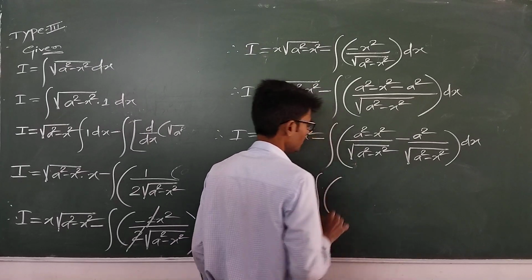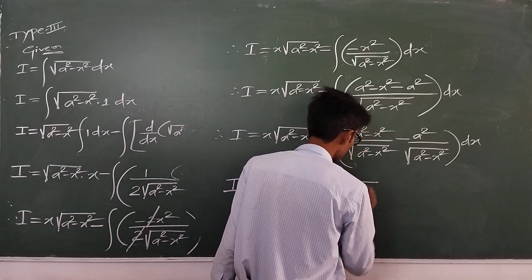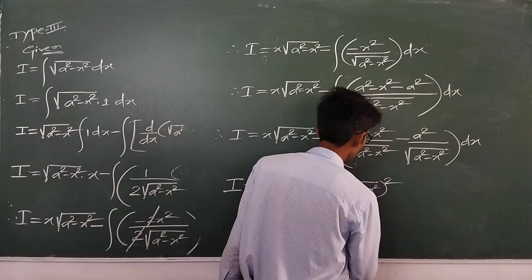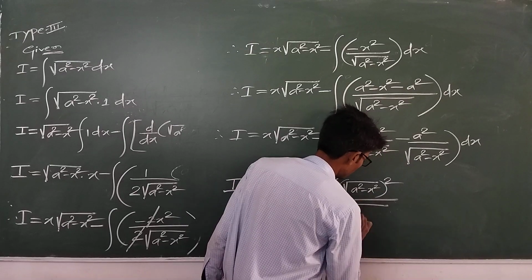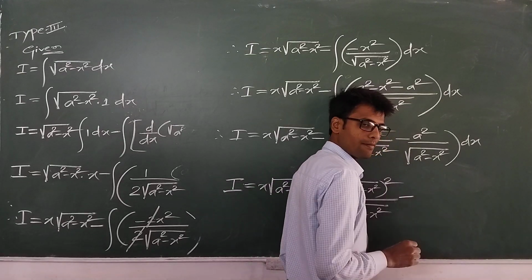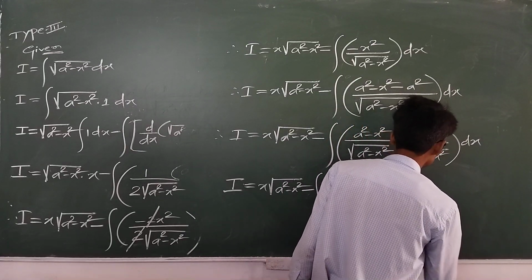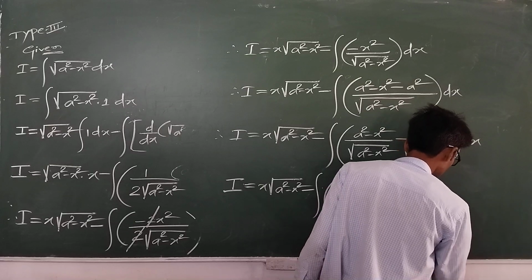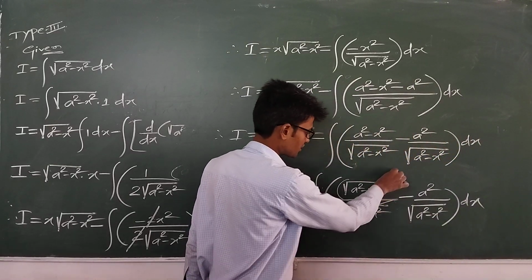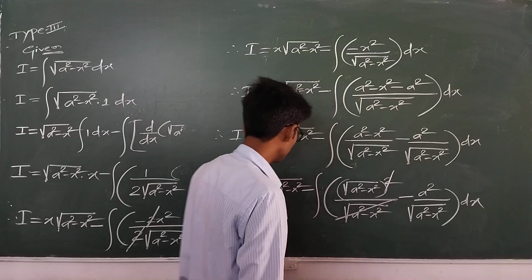integration sign as it is, this a square minus x square divided by square root of a square minus x square, minus a square divided by square root of a square minus x square into dx, right? So the square root of a square minus x square and the one square root of a square minus x square from the power 2 get cancelled.